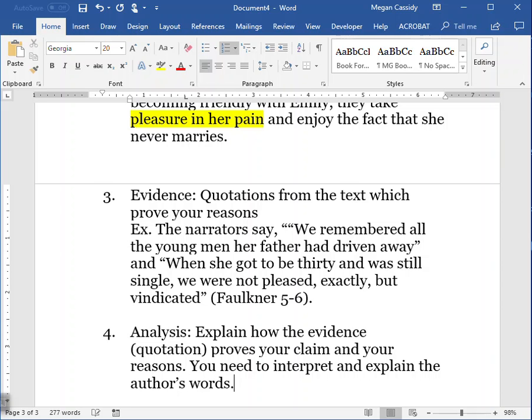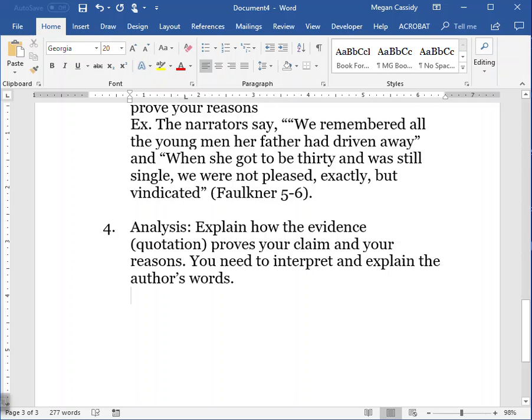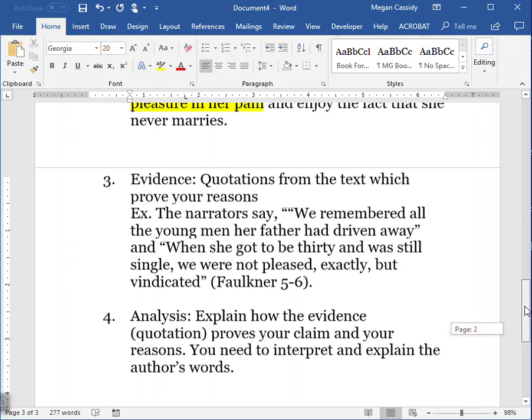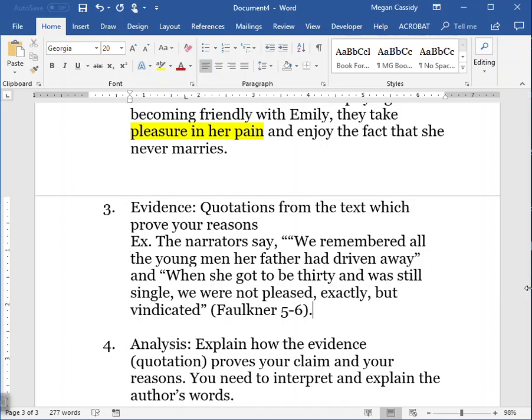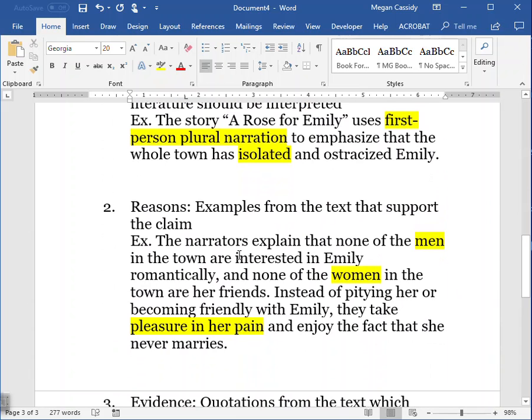So, why is this necessary? For a couple of reasons. The first being, as your teacher, I need to know that you understand the quotation. And if you had anybody else reading the paper, they might not have read the story. They want you to dig into it further. Leaving it just here is what a lot of people do. So sometimes people struggle with finding a quotation. A lot of times, and you can see this in the papers that I have for you later on, people just leave out the quotation.